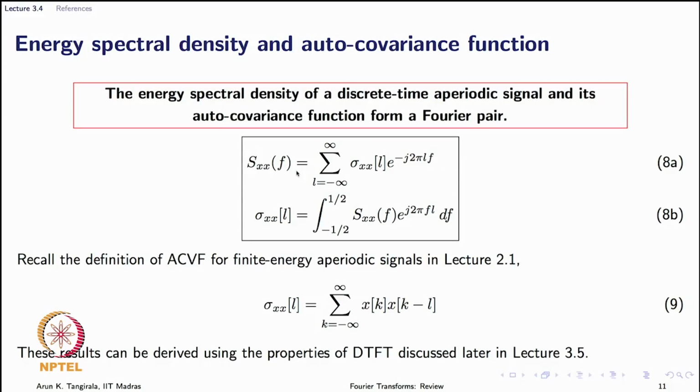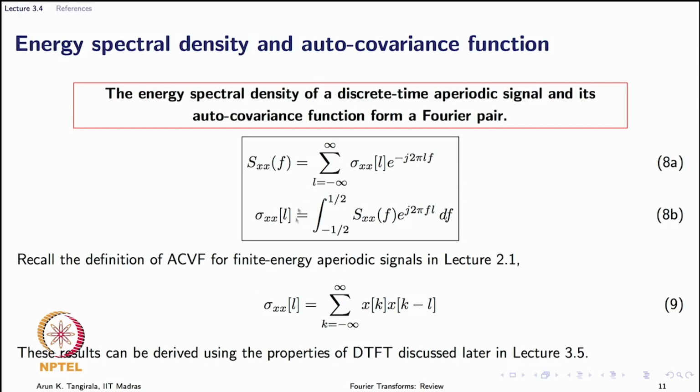I have the energy spectral density as the Fourier transform of the autocovariance function, and likewise the autocovariance function being the inverse Fourier transform of the energy spectral density. Notice the limits here. The limits for the autocovariance function run from minus infinity to infinity, whereas the limits for frequency run from minus half to half. If you were to use the spectral density in terms of angular frequency, then you necessarily need to have a 1 over 2 pi in front of this integral to get the correct values of the autocovariance function.